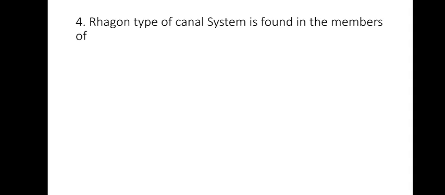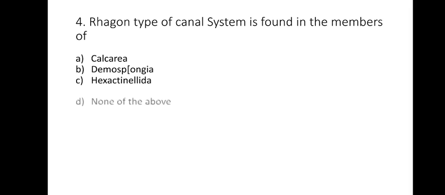Rhagon type of canal system is found in the members of Calcarea, Demospongia, Hexactinellida, or none of the above? The answer is Demospongia. The Leucon type derived from Rhagon larva is called Rhagon type. It's common in case of Demospongia.